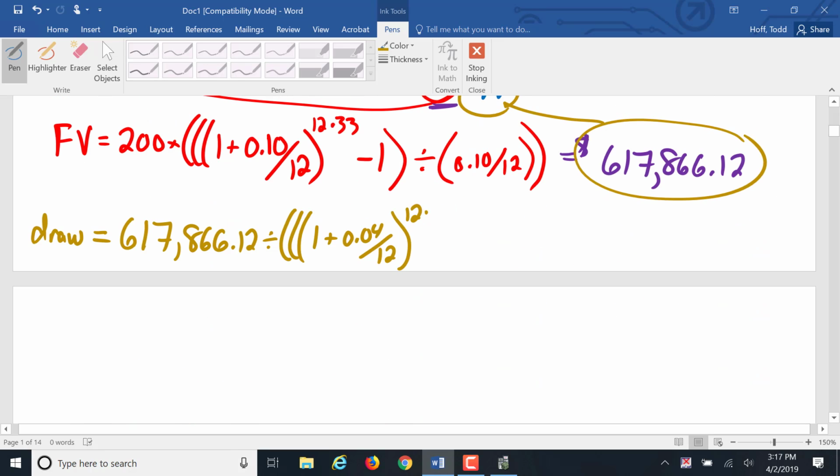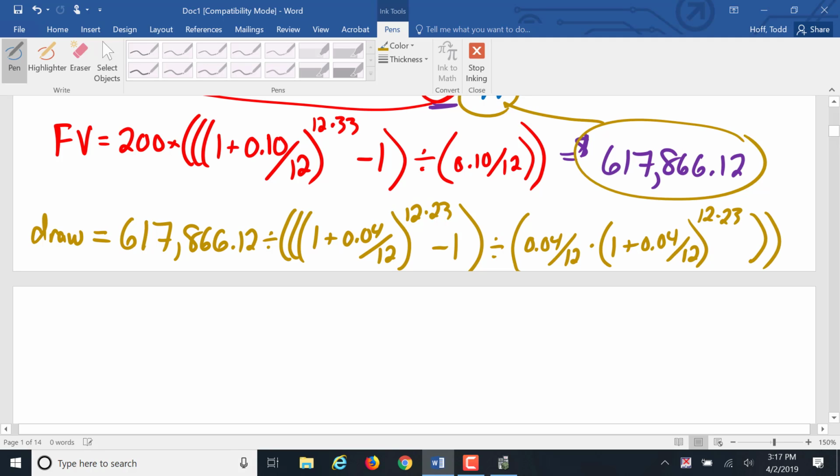So it's going to be 12 times 23 years, minus 1, close parentheses, divided by, open, 0.04 divided by 12, times, I remember in the liquidation phase we got this extra term in here, 1 plus 0.04 divided by 12, to the power of 12 times 23 again, close and close.